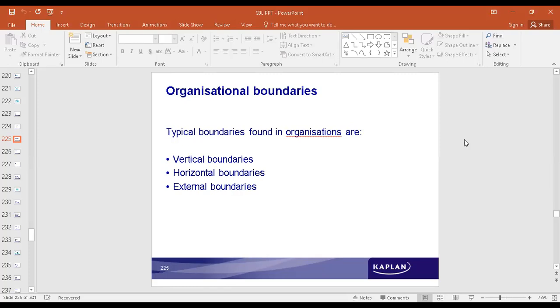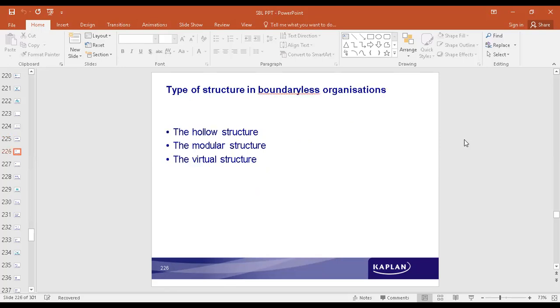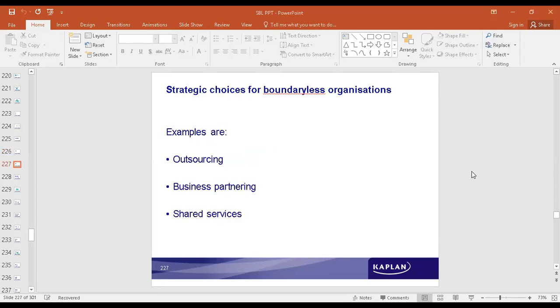Horizontal is at the same level, encouraging or involving others in the work, and allowing them to become a part of the business. Types of structures, we've learned about hollow, modular, and virtual.